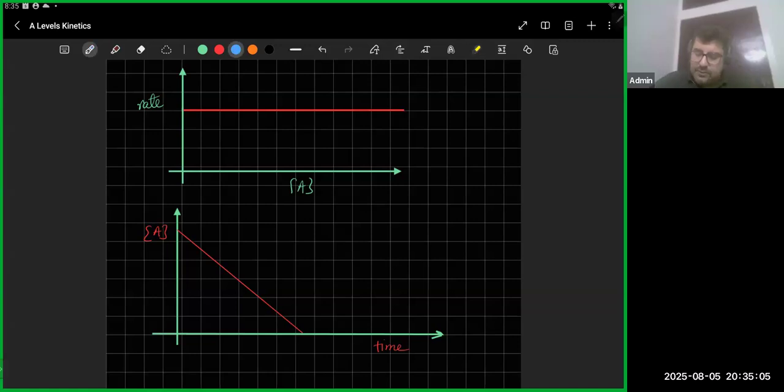So the gradient or the speed of the reaction does not change when A gets used up.